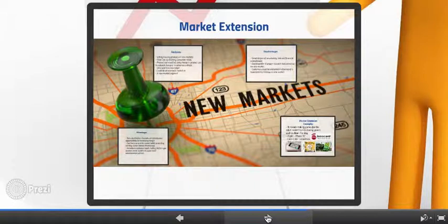Only a few minor changes are made to cater for cultural differences in the new market. An example of this is Coca-Cola packages its bottles and cans according to the geographical area it sells in. Let's say for China, the packaging is in Mandarin, and for Pakistan, it is in Urdu, and so on and so forth. But it is really important to know the cultural differences of that market.